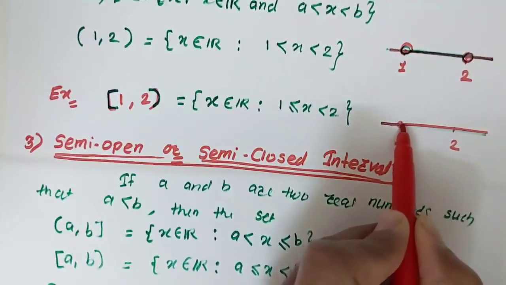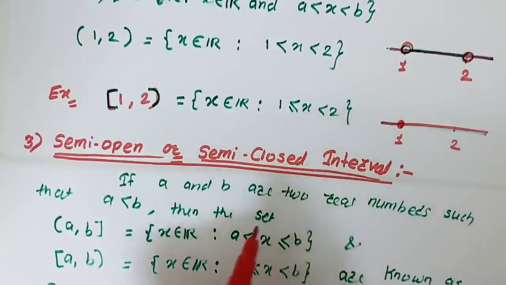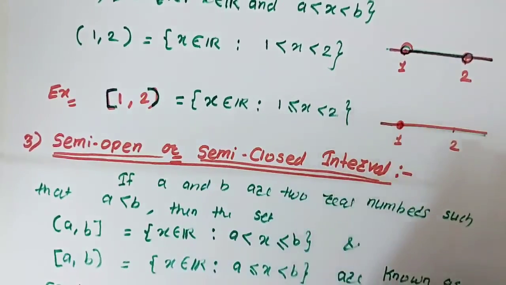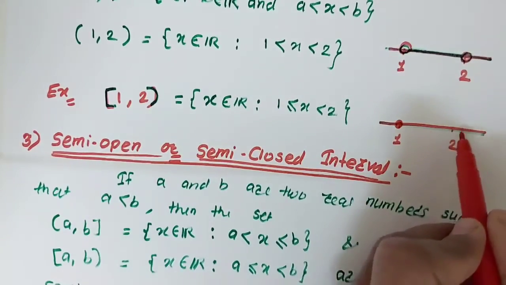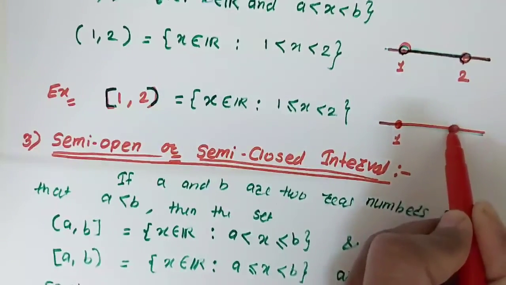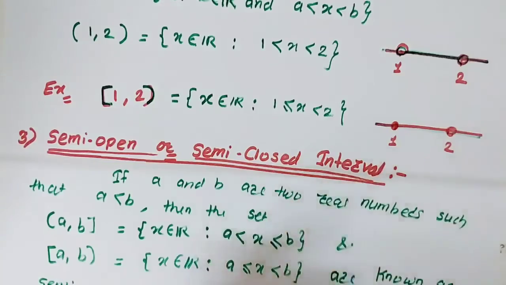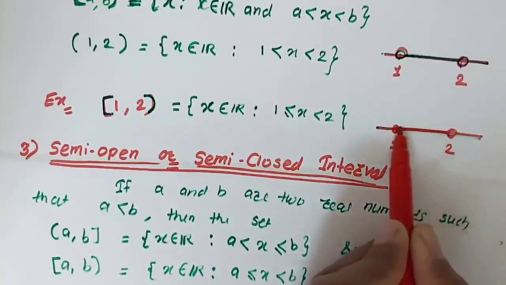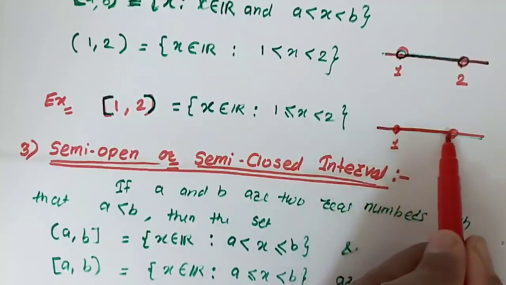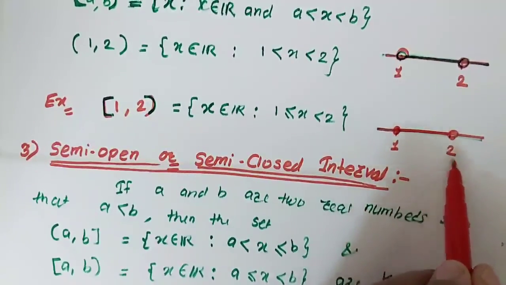So corresponding to 1 it will be a completely closed circle, that means this point is included, and at 2 it is not included, that means we have to draw a small open circle. Open means that point is not inside. So we are taking all the points from 1 to 2 including 1 except 2.